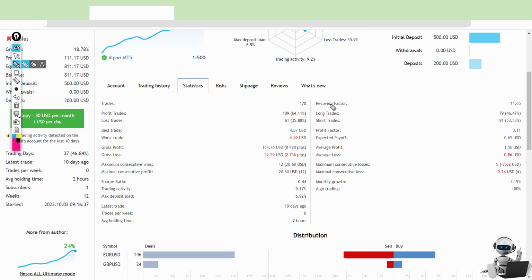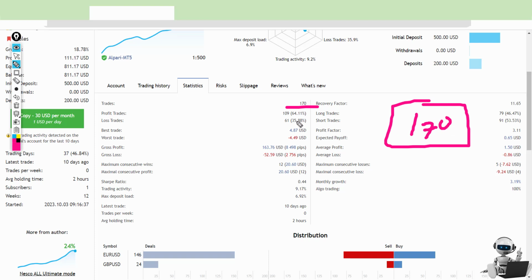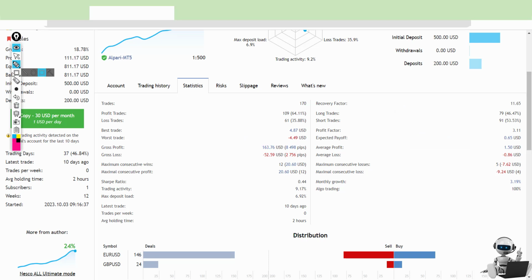Now for trades we have 117. It is good data, at least we have, and accuracy is good. As we said, the winning trades are better than losing trades, which is amazing. And the average holding time is only 2 hours. You can expect to have 3 to 5% monthly growth, which is very good compared to the drawdown, because you always have to balance between two factors.